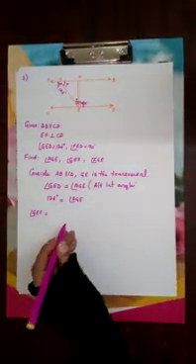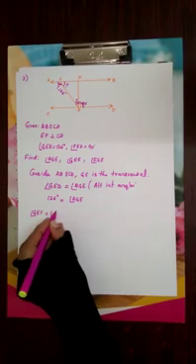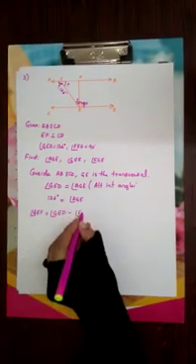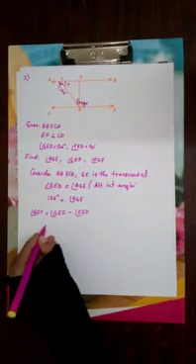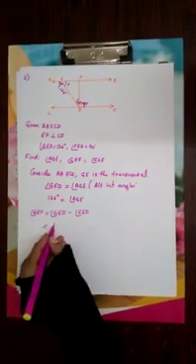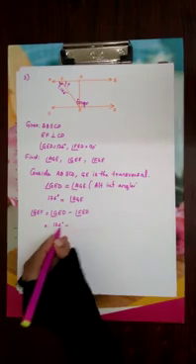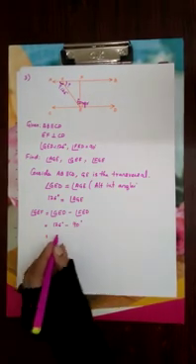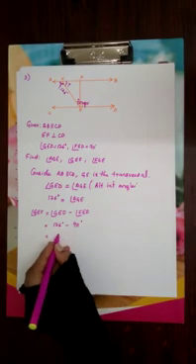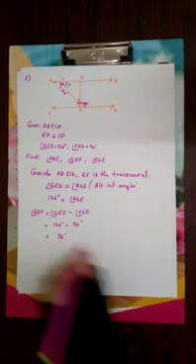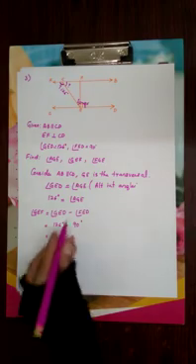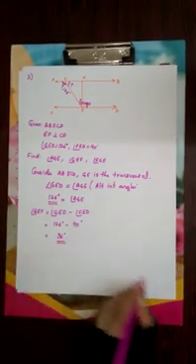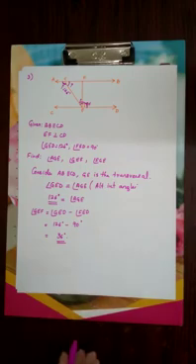So, angle GEF will be nothing but angle GED minus angle FED. Angle GED is given to us as 126 degrees minus angle FED is given to us as 90 degrees. So 126 minus 90 is nothing but 36 degrees. Is that clear, children?